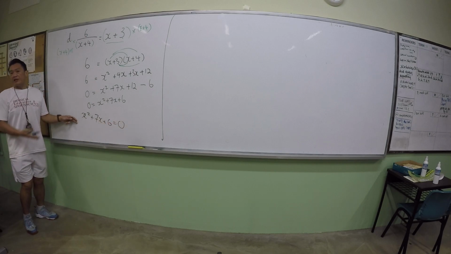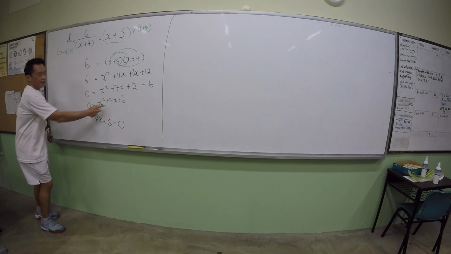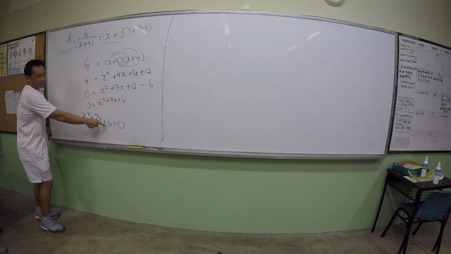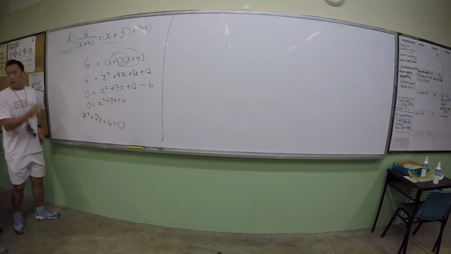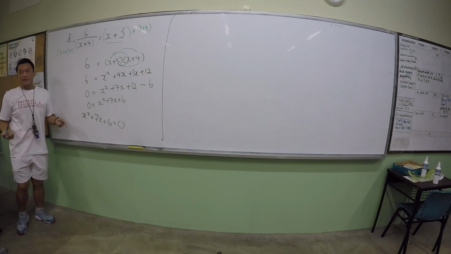Then it will become something that is very familiar. Okay? You only need to switch the side, so you don't need to change the sign at all. You are just changing left to right, right to left. They are still the same.